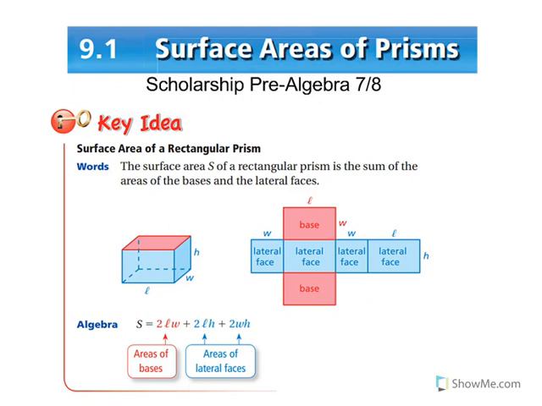Now we're looking at the area that covers all the outside edges, or all the outside planes or sides of these prisms. Remember, a prism is named after its bases. So we have rectangular prisms. The rectangular prism's two bases, which are parallel to each other, are rectangles.